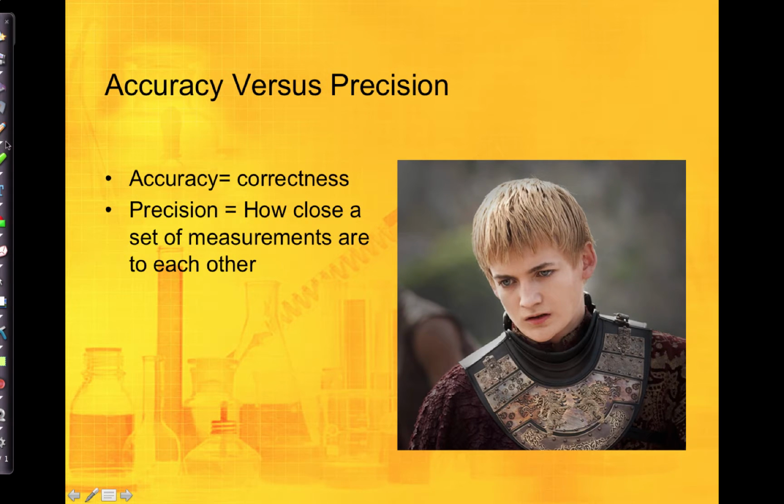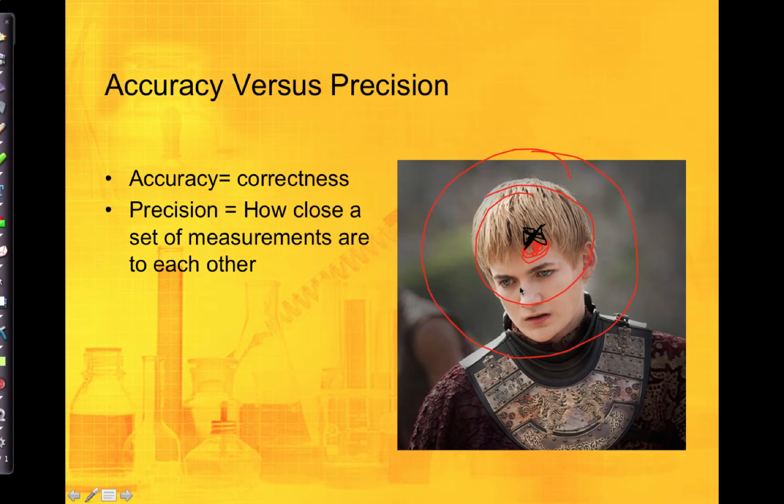So basically, let's say I have this picture of Joffrey right here, and I put a target on him. Then I decide I want to throw darts at it. If I hit the target, I'm accurate. So let's say that I hit here, I'm accurate.